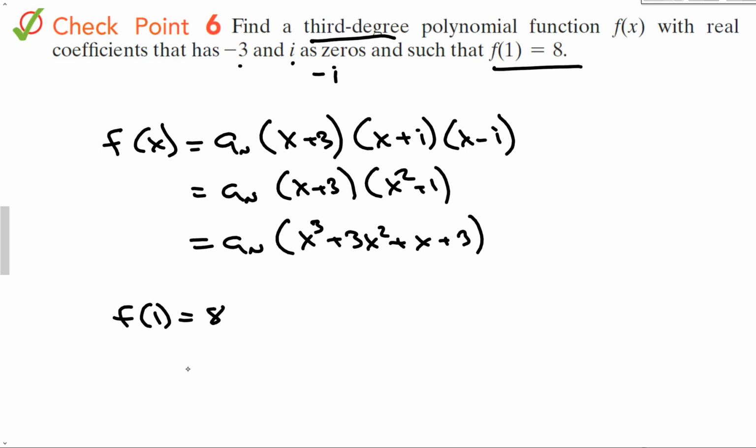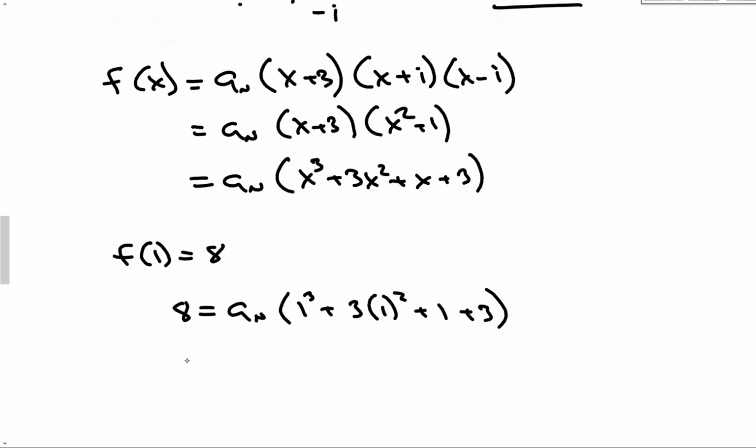So I can say that 8 is going to be equal to a sub n, plug in 1 for everything, 1 to the third, plus 3 times 1 squared, plus 1, plus 3. So 8 is going to be equal to a sub n times 1 plus 3 plus 1 plus 3, which is 8. So 8 is equal to 8 a sub n.